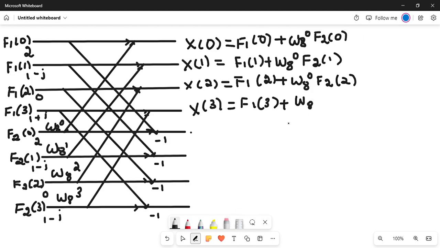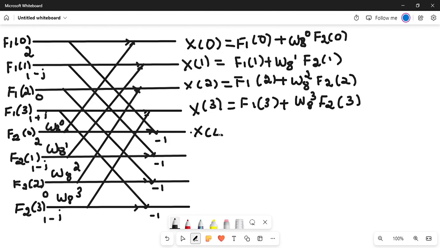I'm making a mistake here. I'm sorry, I did not take a pen. This is omega a to the power of 1. In the case of 4-point DFT it is omega a to the power of 0 and 1, but in the case of 8-point DFT it is omega a to the power of 0, 1, 2, 3, right?